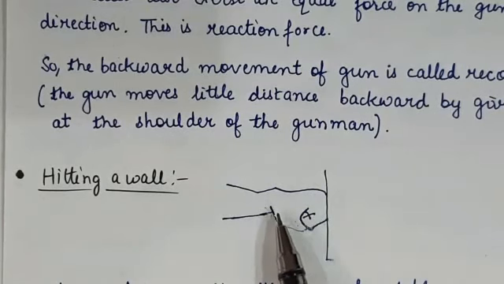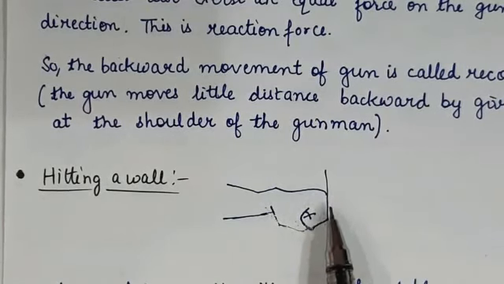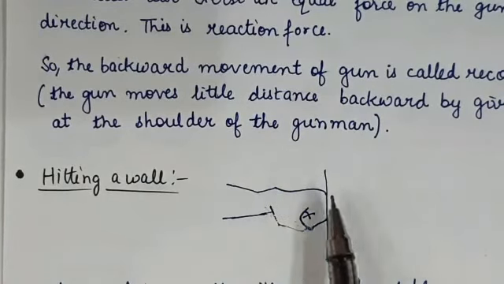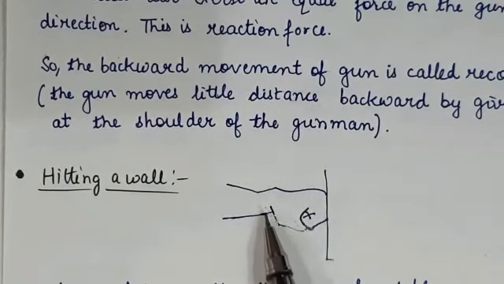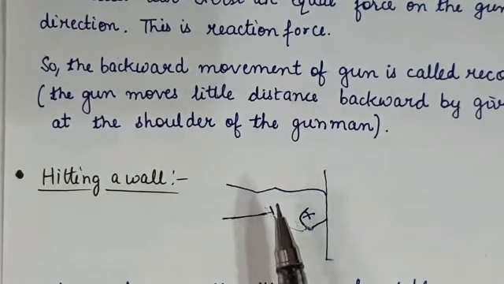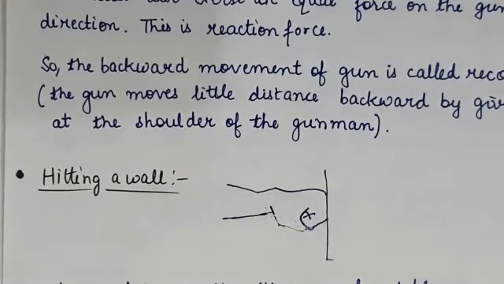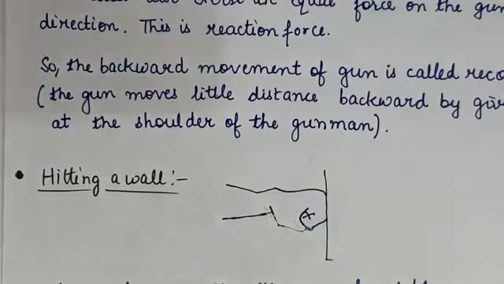You are applying the force on this wall. So simultaneously this wall will also exert an equal amount of the force on your palm or on your hand. So that's why your hand gets hurt. This is action reaction force.